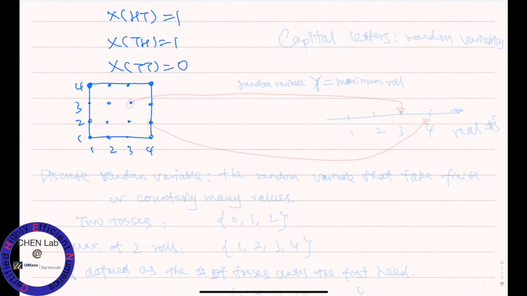If you define the random variable Y, it's called a variable, but it's understood as a function.